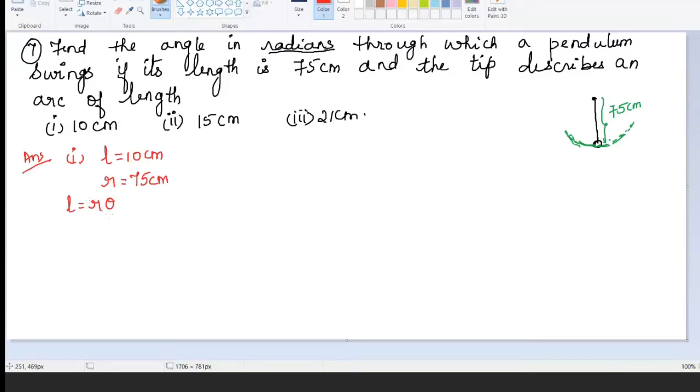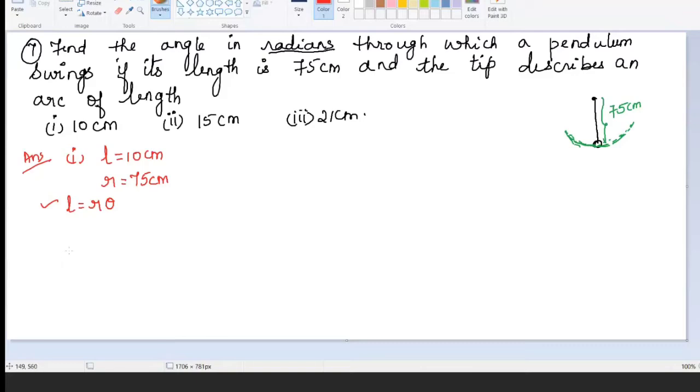Now we have to find theta, that is what we require. Will this theta be in degrees or radians? When I use this formula, the theta which we find will always be in radians, and I want the answer in radians only, so I don't have to convert it.